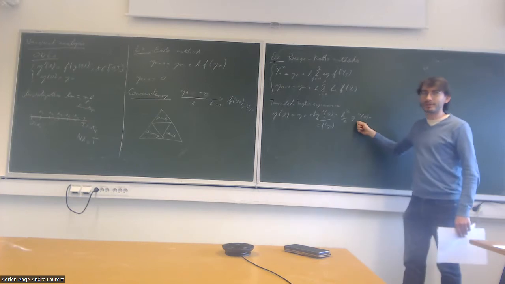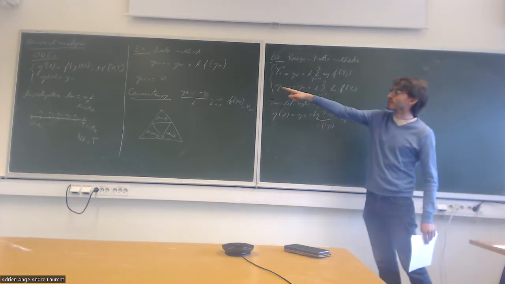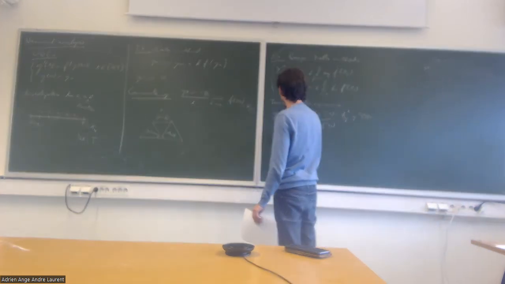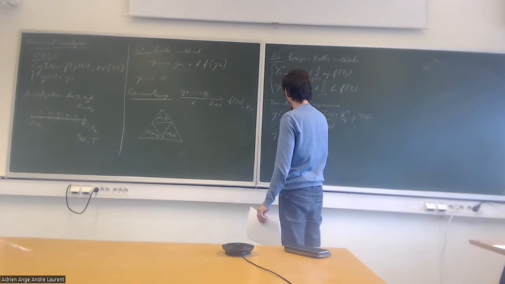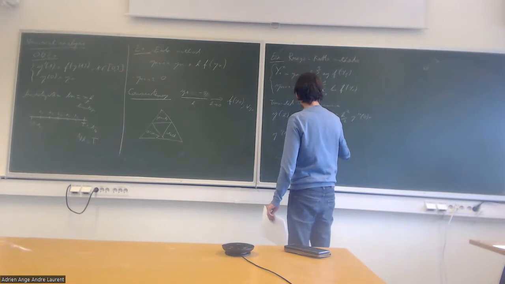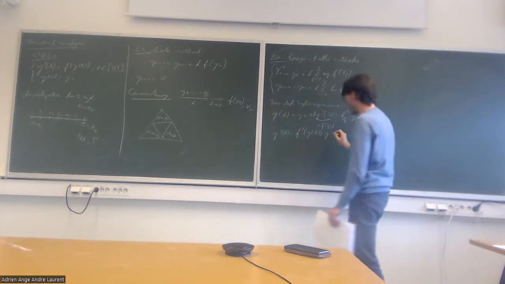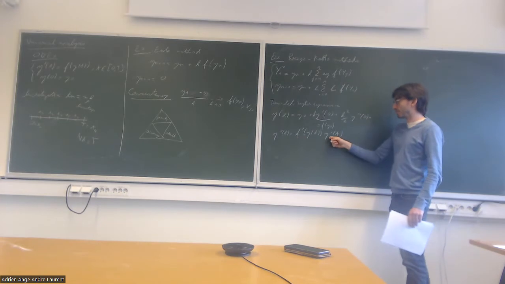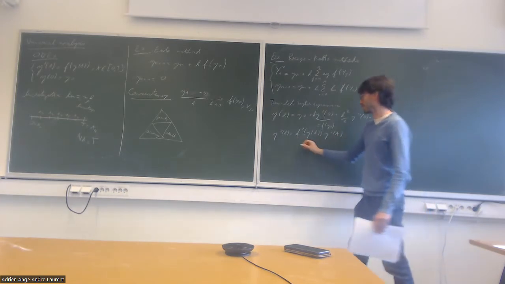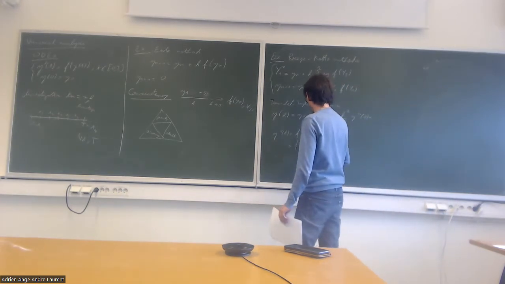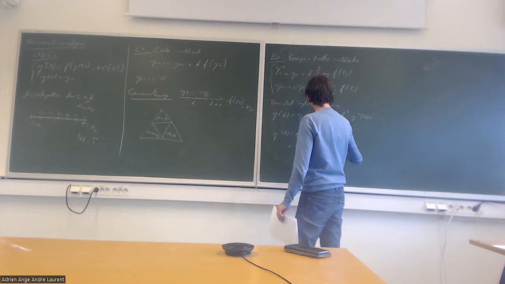Now, this is a bit harder. You have to differentiate this equation. So you have y second of t is equal to f prime of y of t in direction y prime of t. And then you replace again y prime by f, so f prime of y of t times f of y.